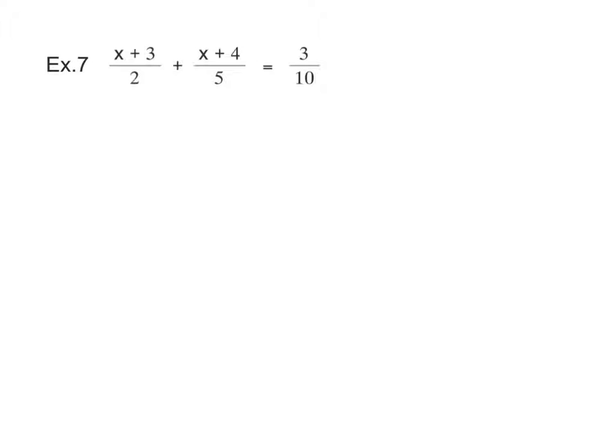Now let's try some that are a little bit more complex. The technique will be the same, just the algebra gets a little bit more difficult because of the number of steps. In this one, the common denominator of 2, 5, and 10 is 10. That means I'm going to multiply each one of these fractions by 10.